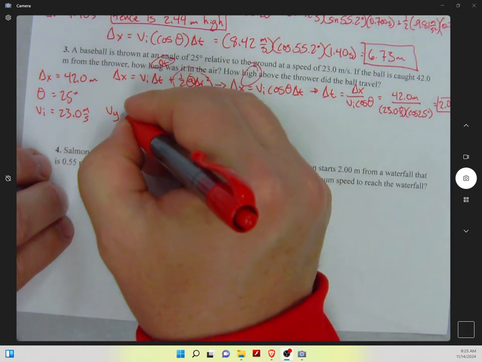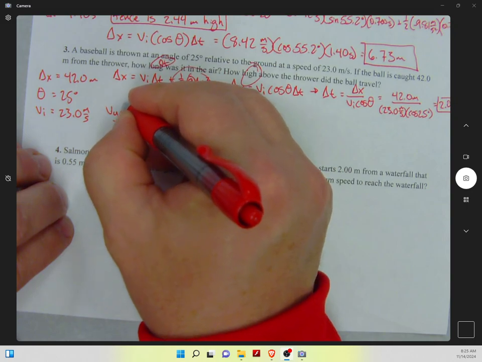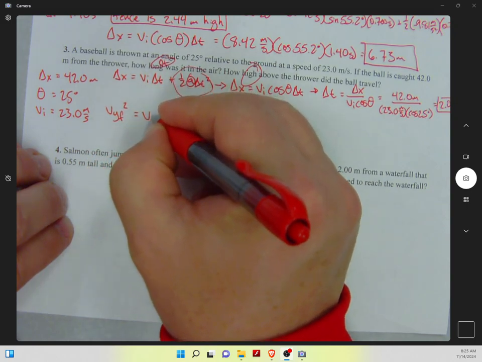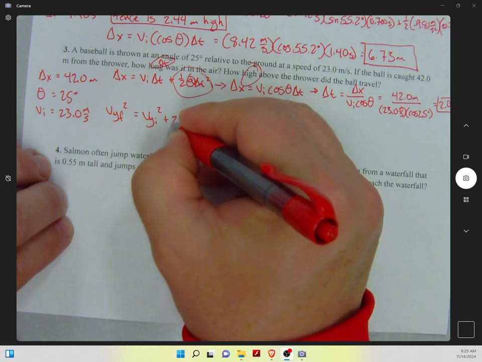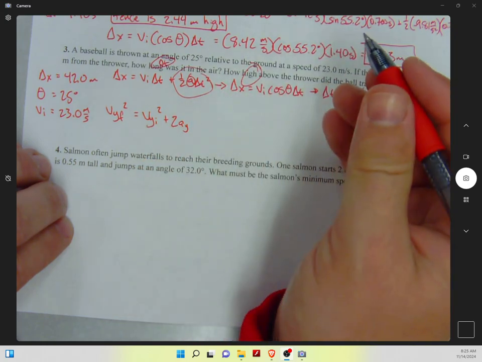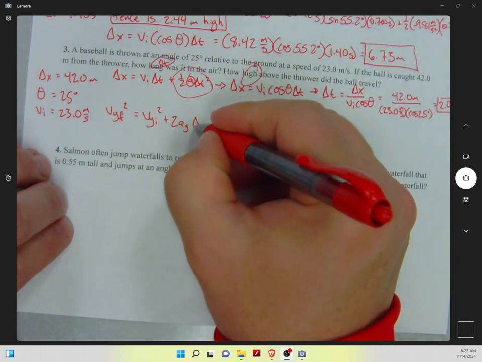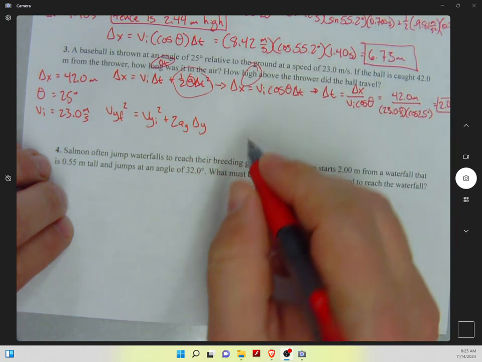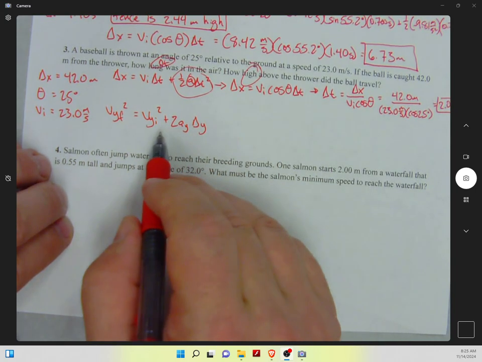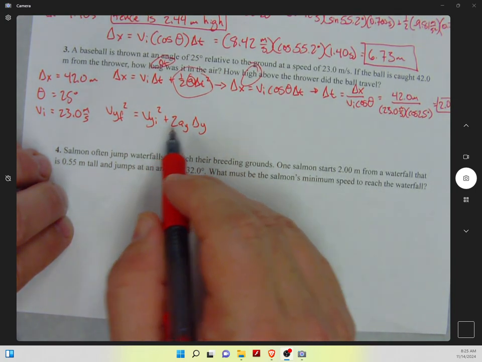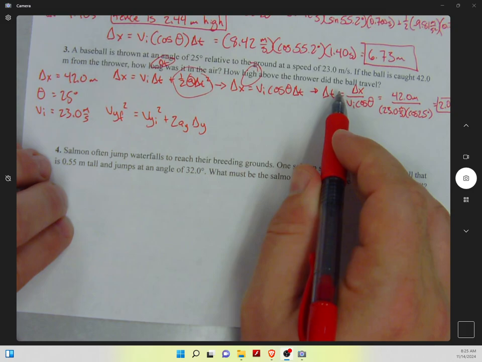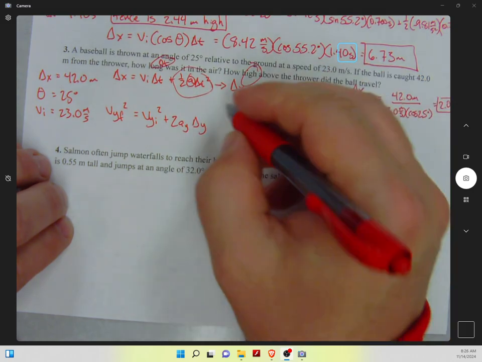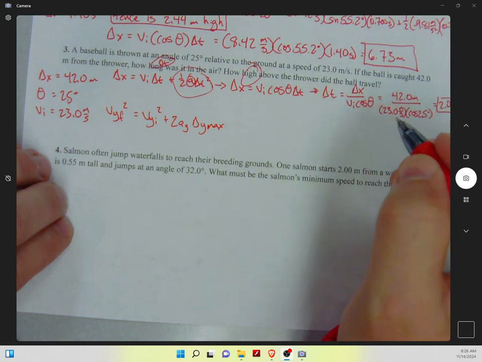Velocity in the y component, final, squared, is equal to velocity in the y component, initial, squared, plus 2 acceleration in the y direction times displacement. Now, normally we'd be good here, but if I'm looking for how high above the thrower the ball traveled, I know that I'm going for y max.